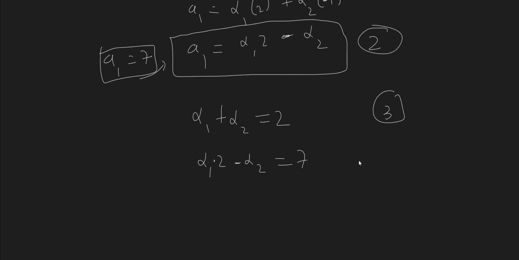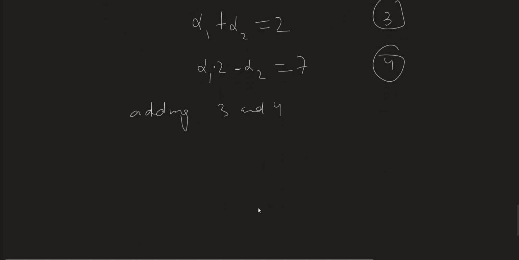let's add them up. Let's add 3 and 4. What we'll get is, since this is 1 alpha 1 and these are 2 alpha 1s, this will be 3 alpha 1. This and this will cancel out. Alpha 2 minus alpha 2 will be 0, so this will be equal to 9.